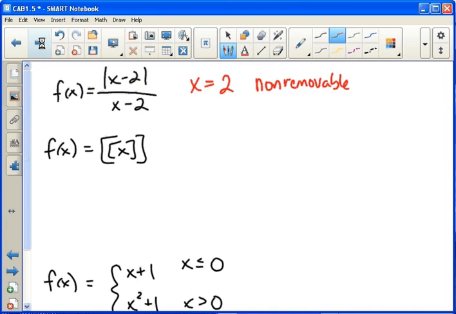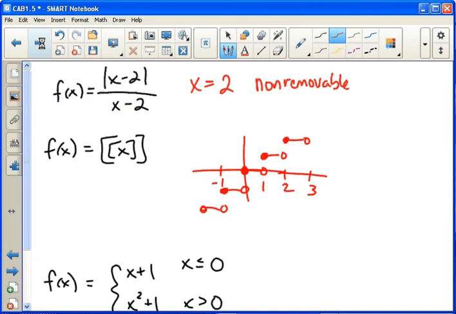Okay, this next one is called a step function. It's specifically the greatest integer function. It looks something like this. So if you look, it has lots of discontinuities. And if you look closely, it has discontinuities at every single integer.